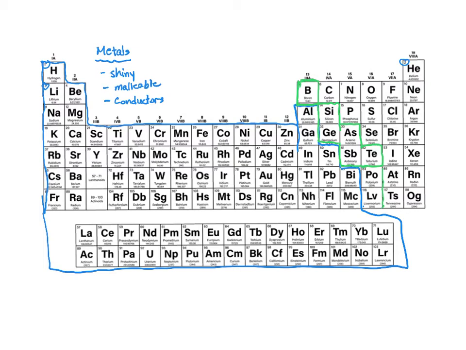And then everything to the right of that is what we call nonmetals. Nonmetals tend to be dull or colorless. They tend to be brittle, so if you were to hit them with a hammer, they wouldn't bend, they would just shatter. And they tend not to be very good conductors of electricity, so I'm going to call them insulators.